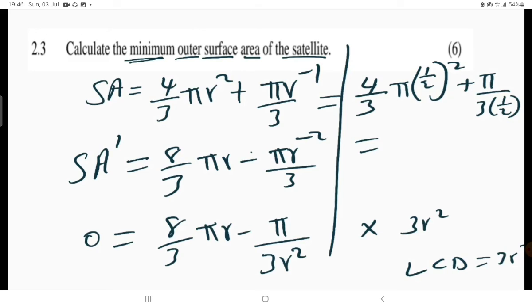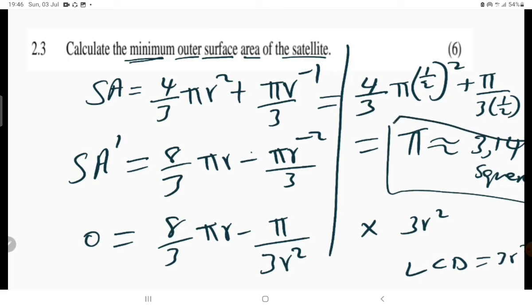Okay, there's something that I did: the brackets are not supposed to be there, they're supposed to be here. So the answer is just pi, which is equivalent to 3,114 square units. So this is the minimum outer surface area of that object.